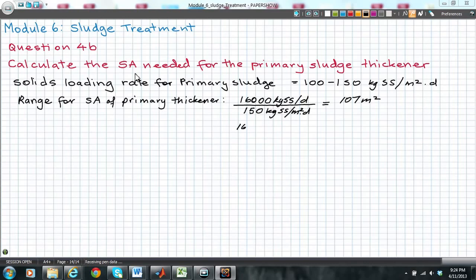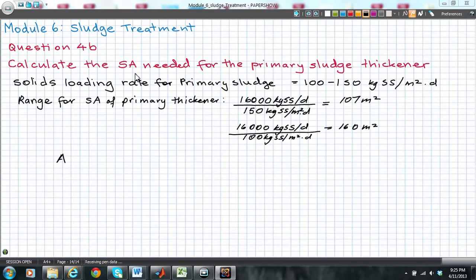And for the upper range, we've got again 16,000 kilograms of suspended solids per day, divided by 100 kilograms of suspended solids per meter squared per day, which gives us 160 meters squared.